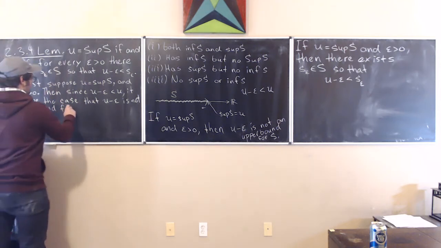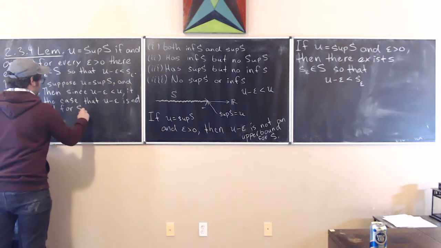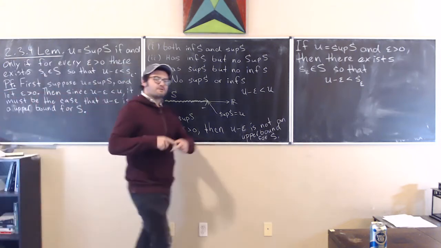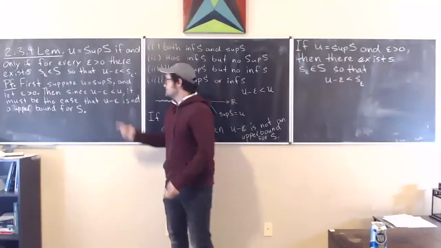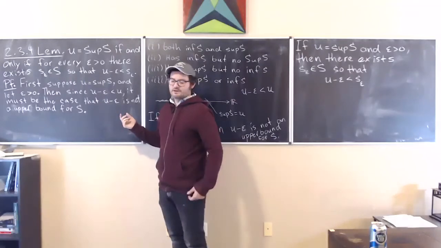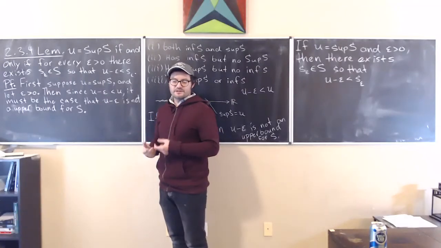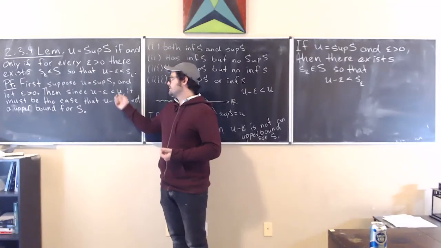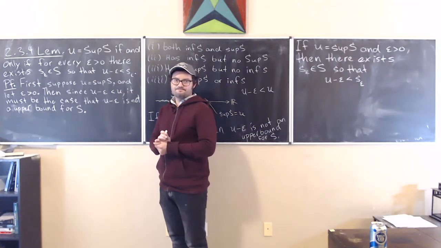Upper bound for S. And the reason for that is U is the smallest upper bound for S, so any number smaller than that can no longer be an upper bound for S.